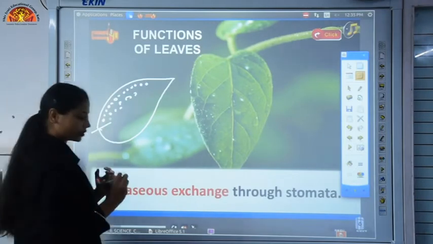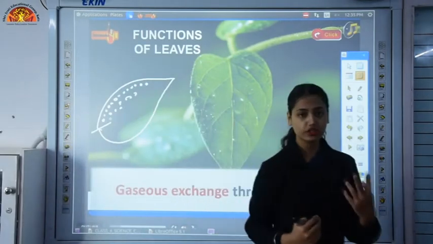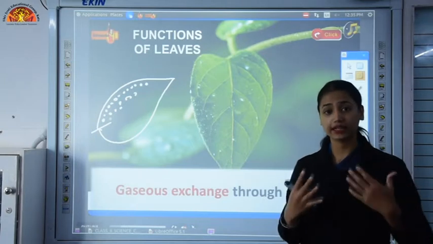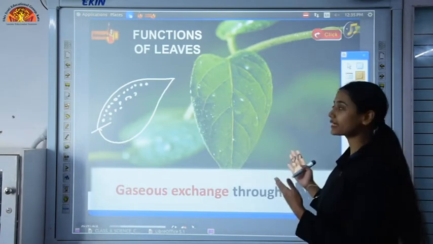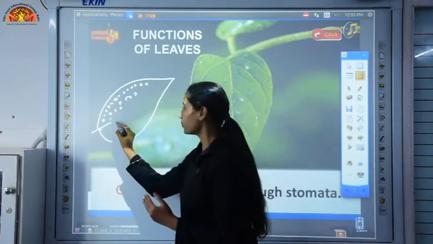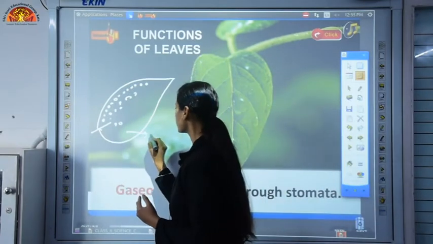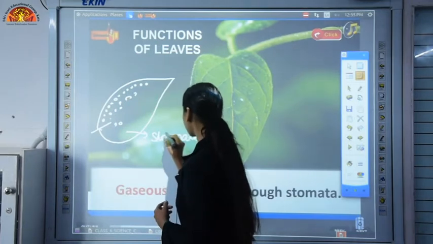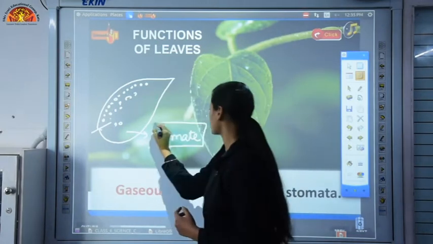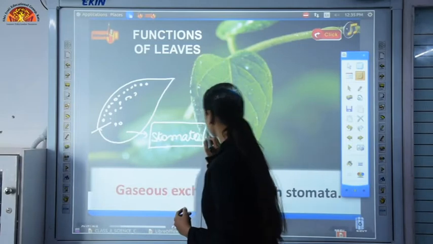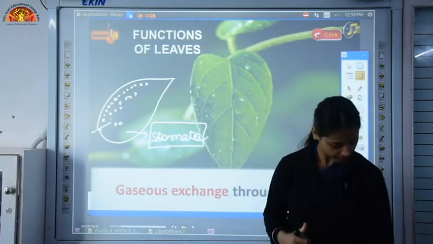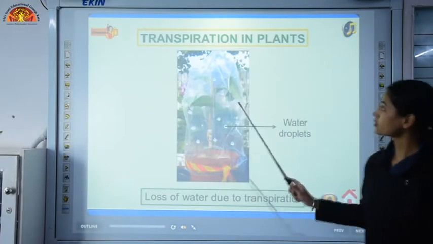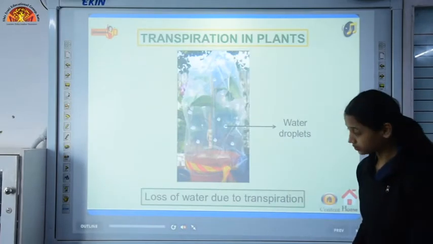Like human beings have two nostrils through which we breathe, we inhale, we exhale, similarly, leaves have small pores known as stomata. So exchange of gases takes place through stomata. Is this clear? This is transpiration in plants, loss of water.